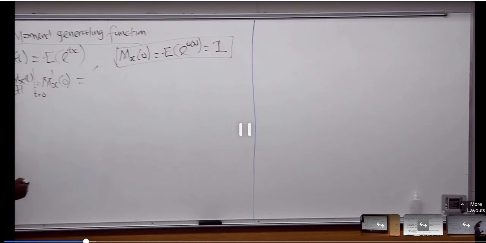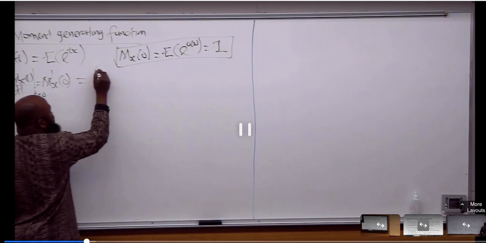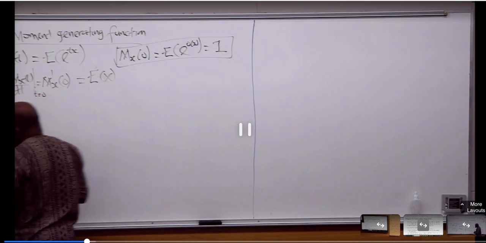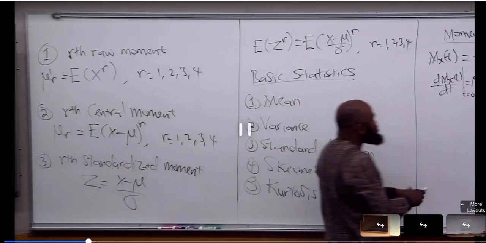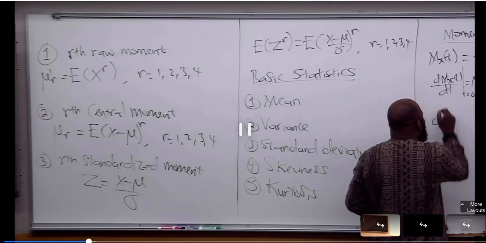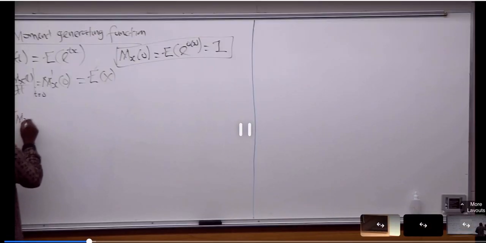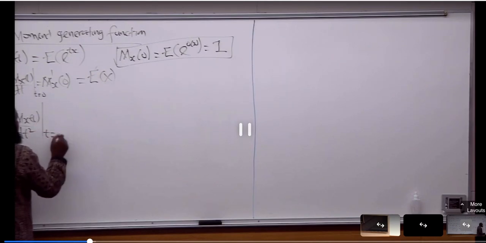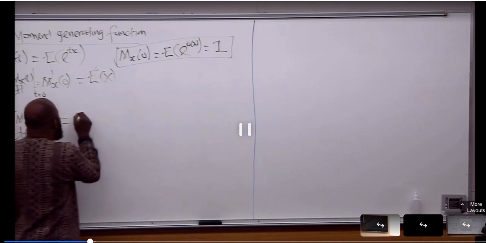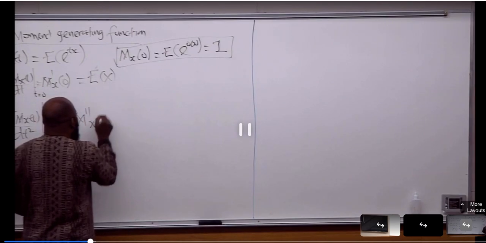But when you take the first derivative and you plug in 0, that is going to give you the first moment about the origin. Now, when you continue and do the second derivative and set t to 0, you get M double prime of 0.